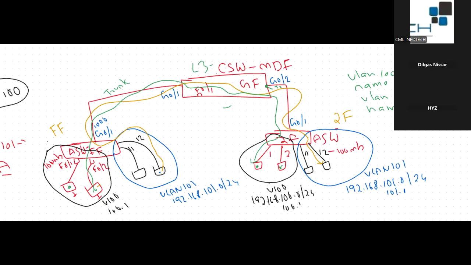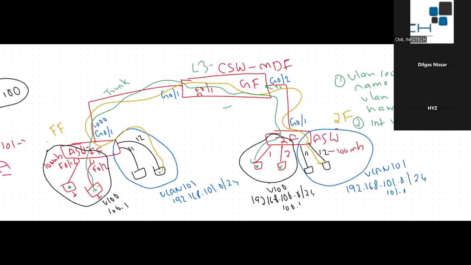So the first task is to create the VLAN, and the second task is to assign an IP address to the VLAN interface, which is your gateway IP. Let's say for VLAN 100, the gateway IP is 100.1. So we go to the core switch, interface VLAN 100.